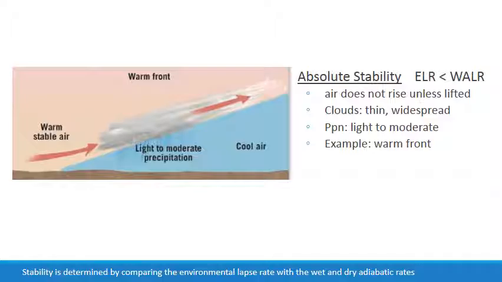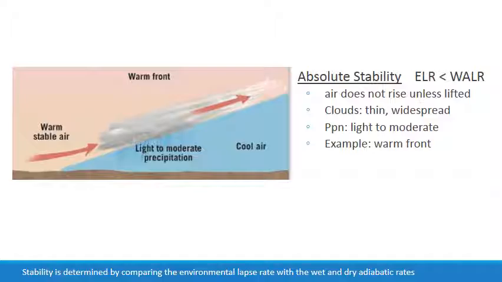And in those conditions, the air won't rise unless something makes it rise. Usually, if we do see clouds, they're very thin and cover wide areas. Any precipitation is likely to be light to moderate. And the best example of absolute stability is a warm front.